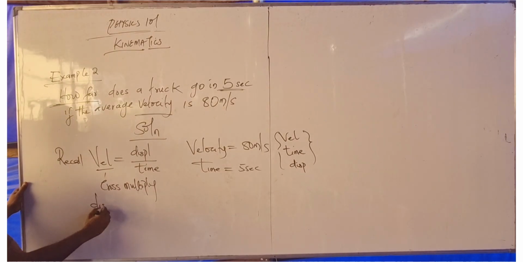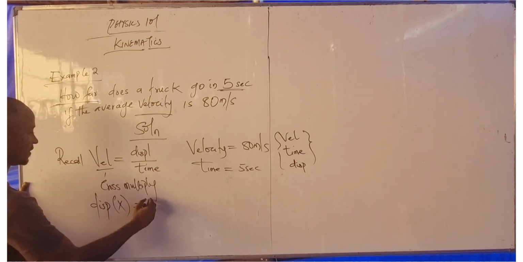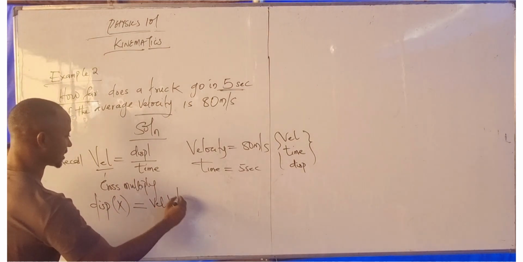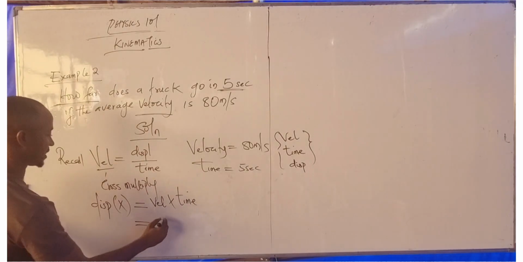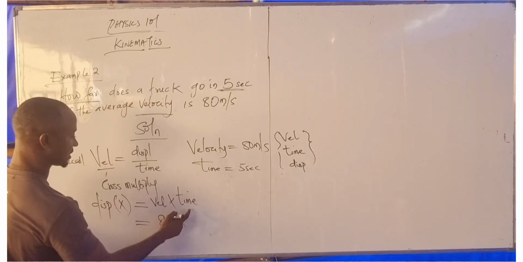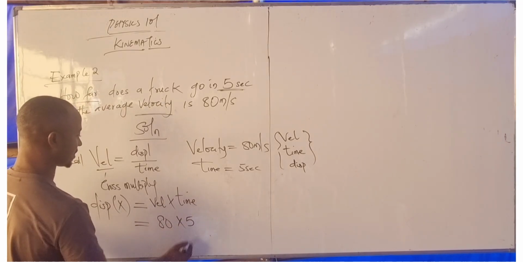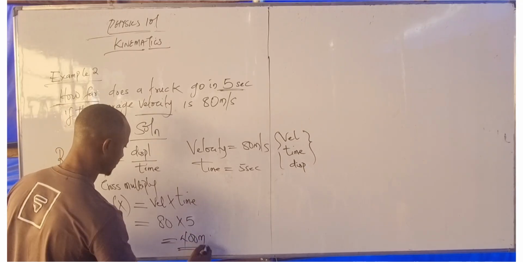So displacement, which represents our x, is equal to velocity times time. Our velocity in this question is 80 meters per second, times our time of 5 seconds. This will give us 400 meters.